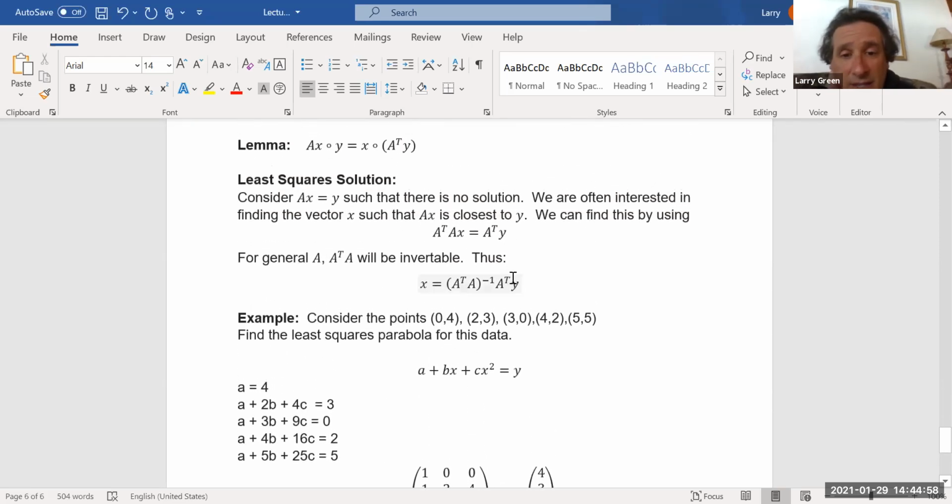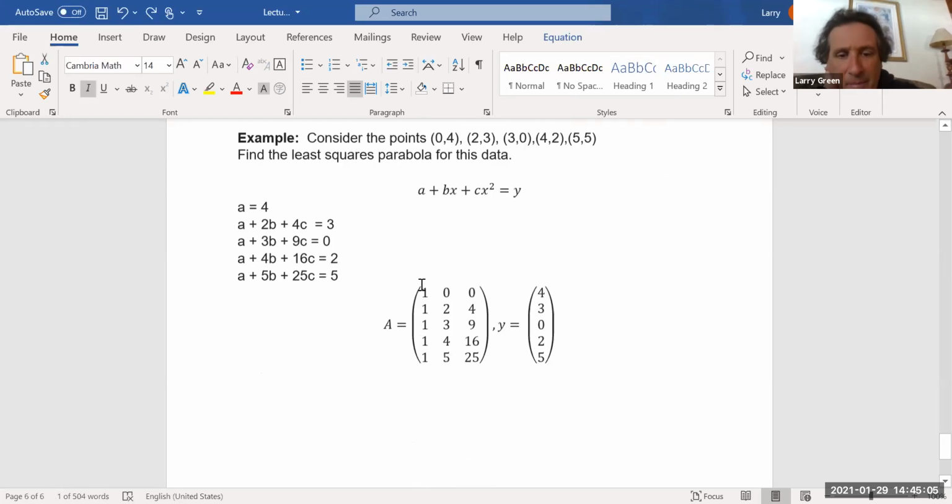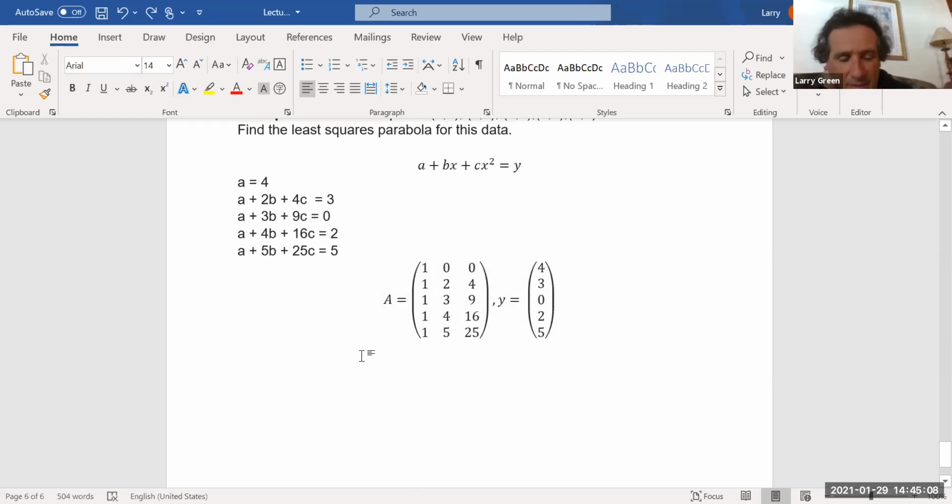And then it's really easy by computer. Let me just remind you, I'm not actually going to do it because we don't have any time, but all you do is you take A transpose times A inverse times A transpose times this Y vector, and that'll give you your X. And the X will give you your A, B, and C. So that'll tell you what the best fitting parabola is.